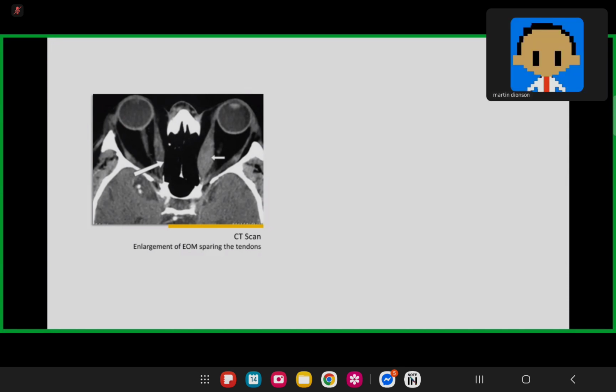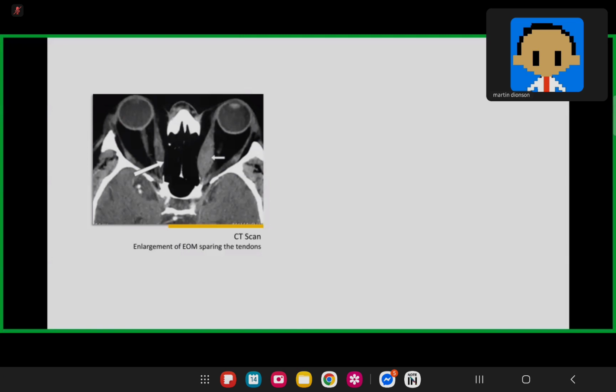So when you look at an axial view, you're looking at the patient from his or her feet. So the patient is lying down, and you're looking from the feet. So what's on your right is the patient's left eye. What's on your left is the patient's right eye. So here you see that on the patient's left eye, the medial rectus is very enlarged, more like a drumstick.